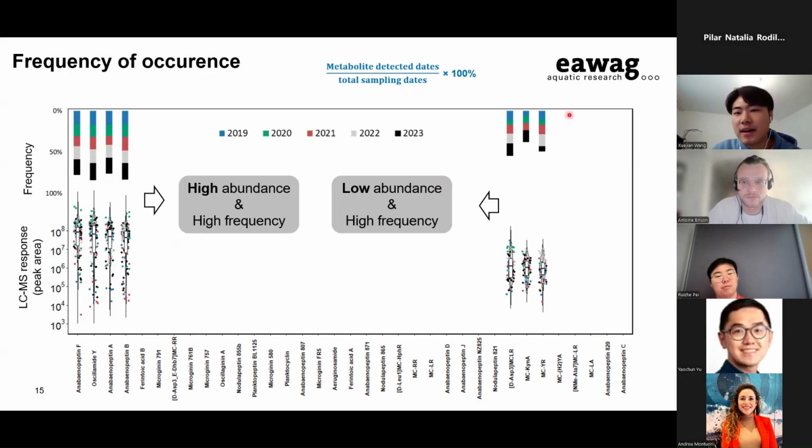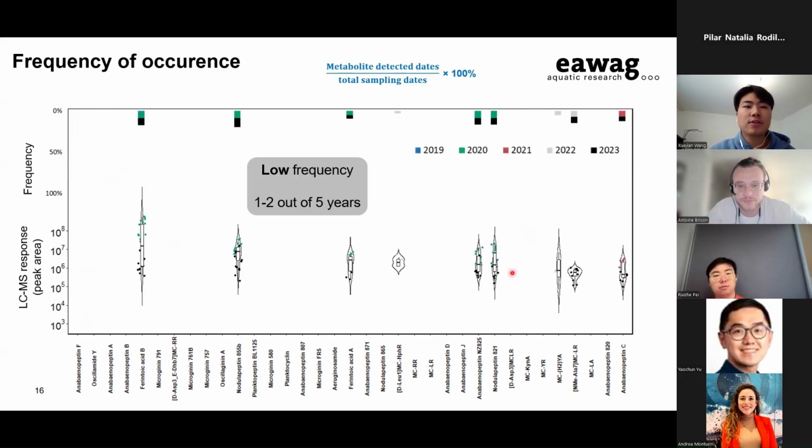On the other side, some metabolites are frequently detected, but they have low LC-MS response. There's also a type of metabolites that have low frequency, but different responses on the LC-MS.